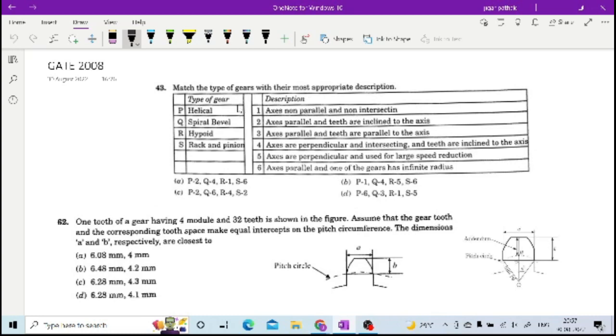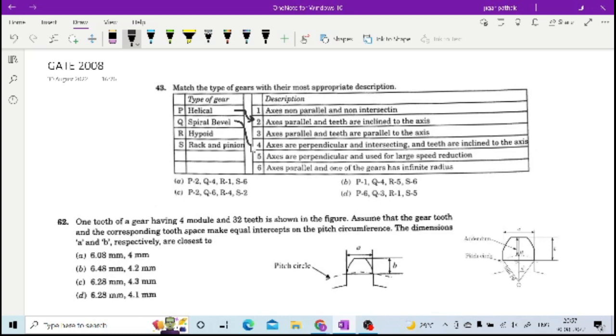So has anyone got the answer? P4. For helical, the axes are parallel and teeth are inclined to the axis, right?